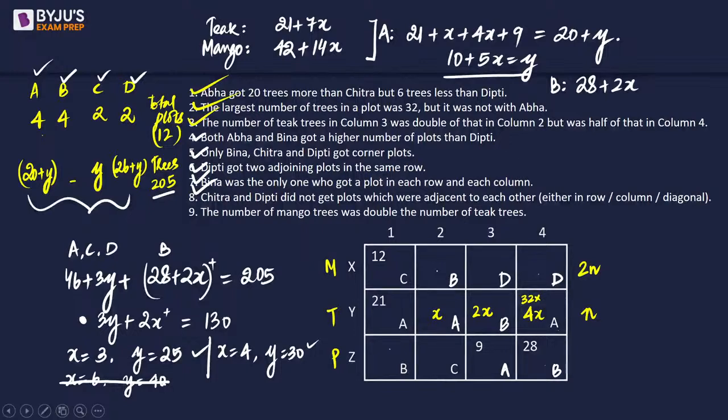We need slightly more than 2x there. So that would mean that we cannot take the value of x more than 4. The only two possibilities we have for x are 3 and 4. Okay.